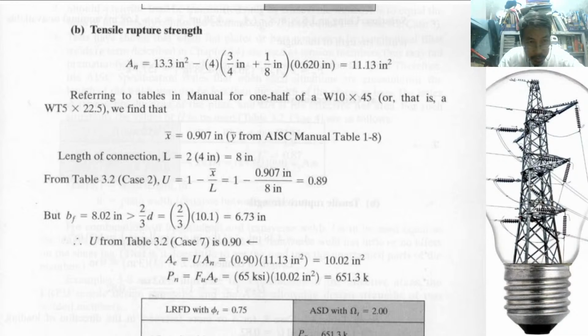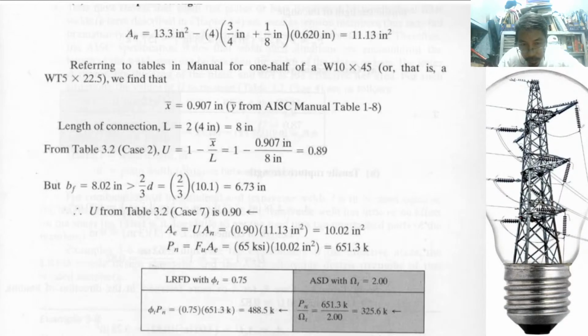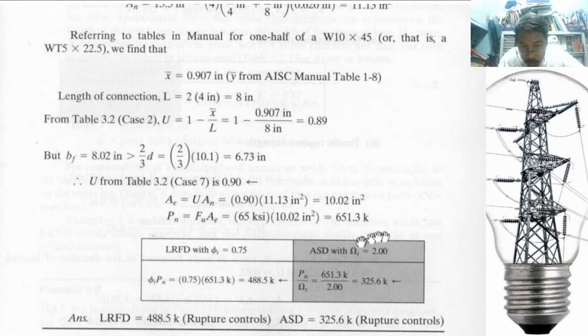Our answer is 682. Then divide this by 2 because we are ASD. So in ASD we have to use the safety factor 2. Therefore we have to divide this by 2. The answer would be 341, not 325.